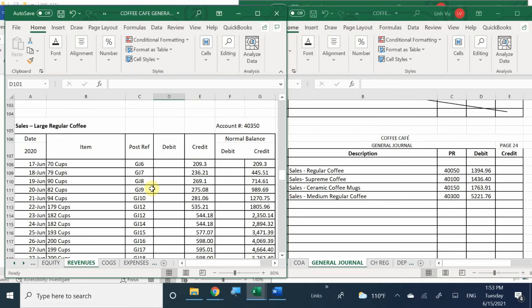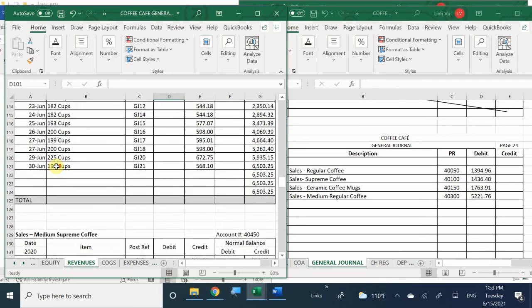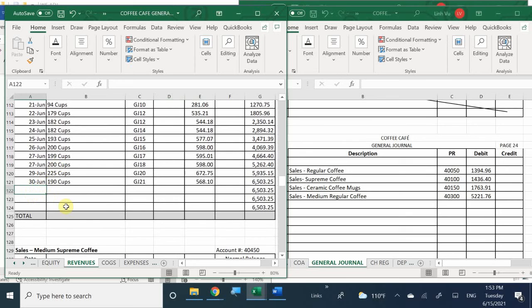Let's see what the next one is: my sales large regular coffee, account 4400. I'm going to be closing this out.